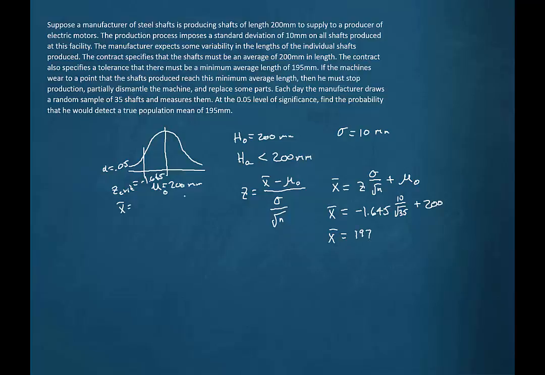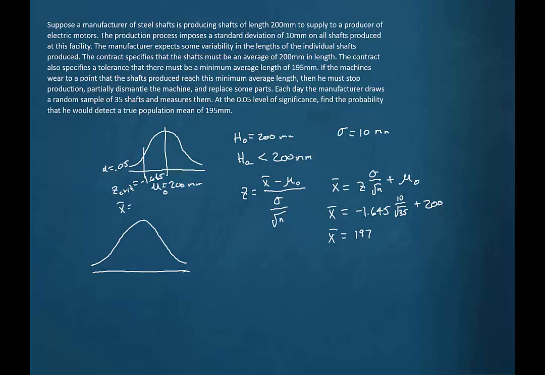Now the population mean is supposed to be 200 millimeters, but we know that after the machine's wear, this actual average can diminish. If, unknown to the manufacturer, the population mean has gotten to the point where these shafts measure an average of 195 millimeters, then the distribution would actually be different from what is hypothesized. 195 millimeters would be down here to the left of 200.